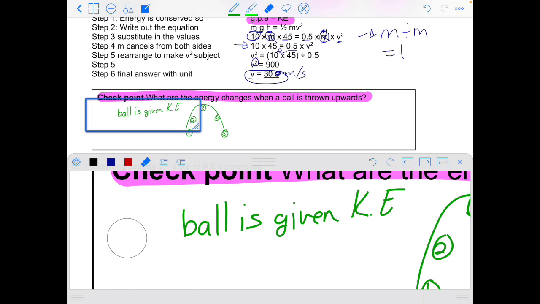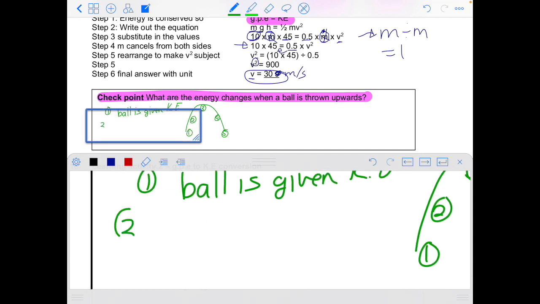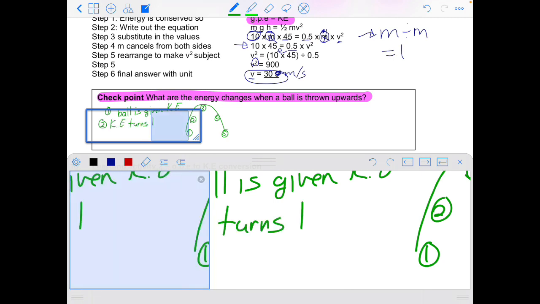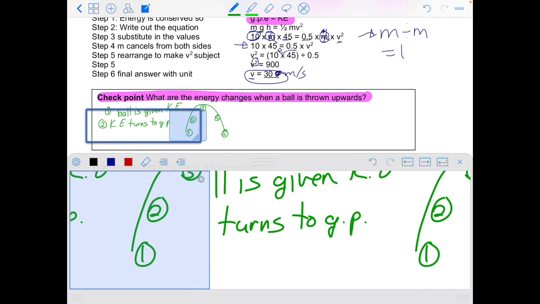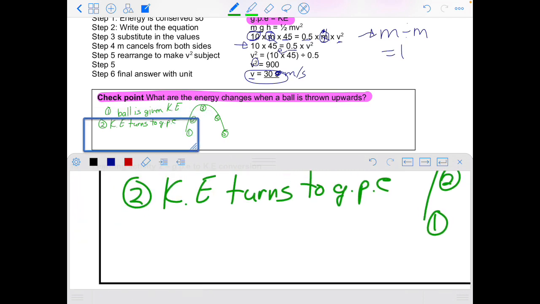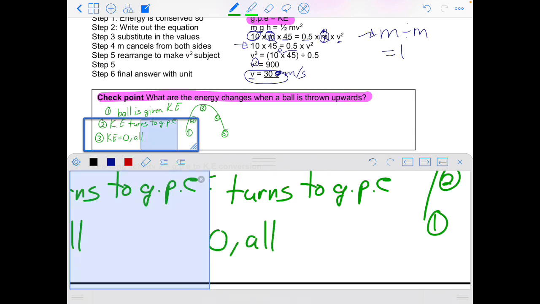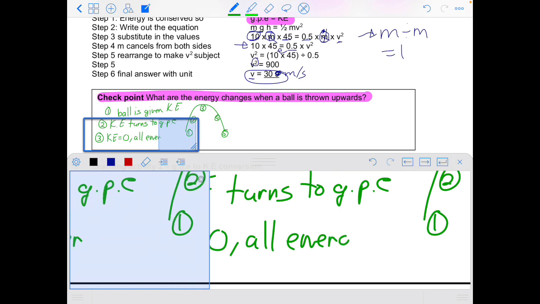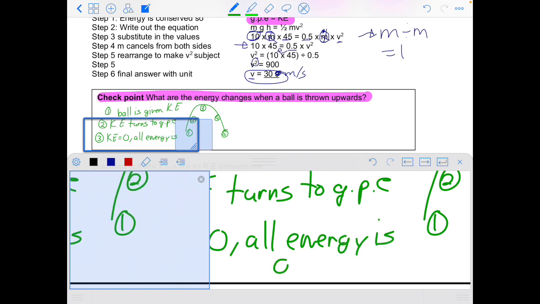So at 1, the ball is given kinetic energy. 2, kinetic energy turns to gravitational potential energy. At 3, kinetic energy is equal to 0. All energy is gravitational potential energy.